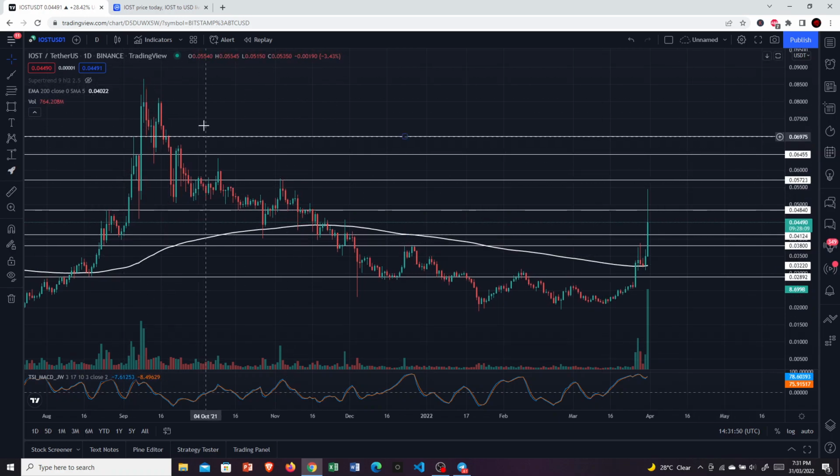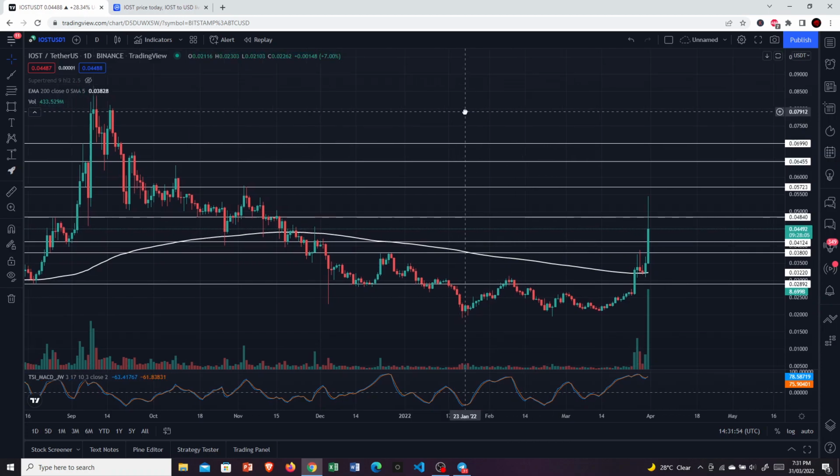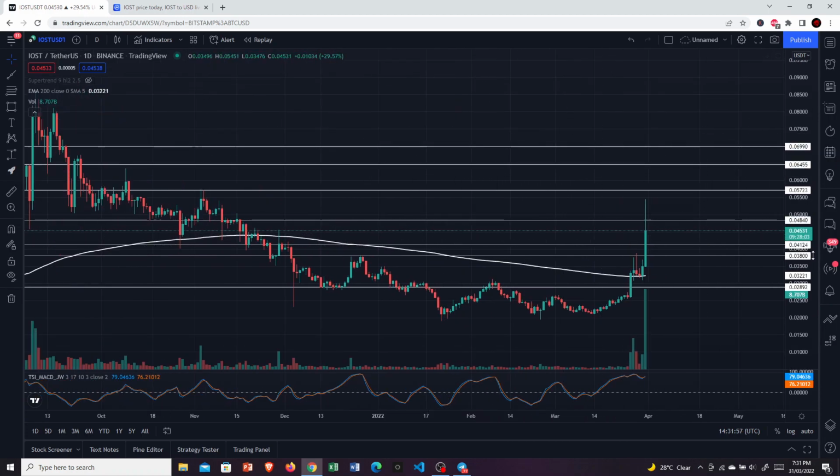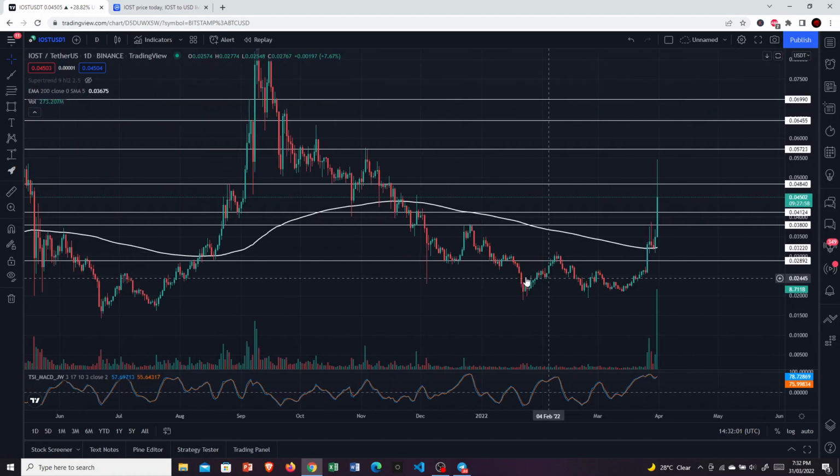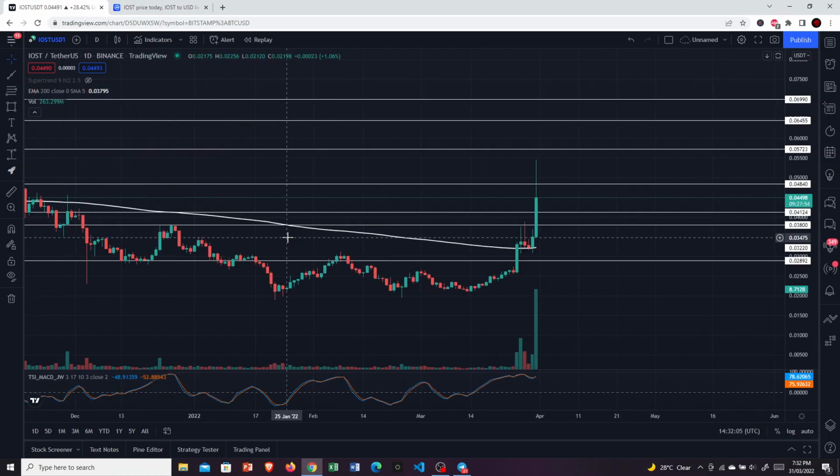I have already marked the supports and resistances of IOST on my chart, so it is more convenient for me to teach this way rather than applying supports and resistances during the video.